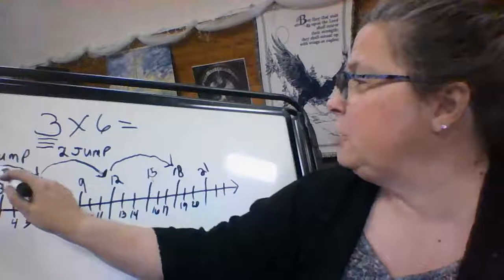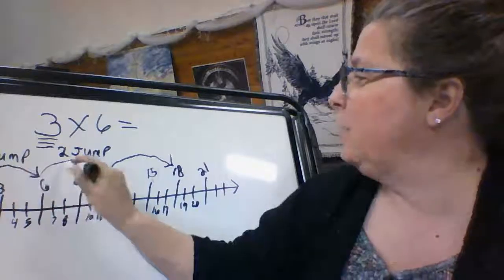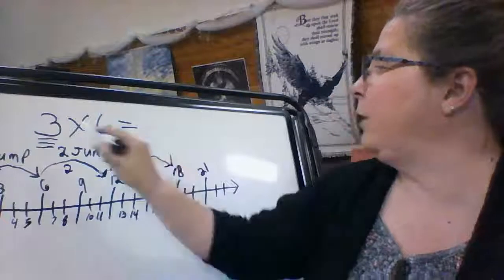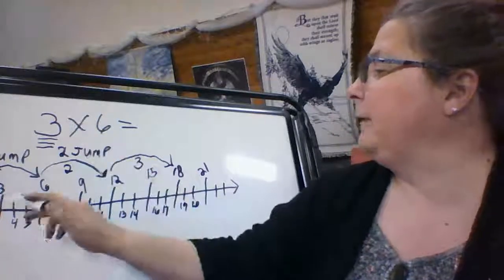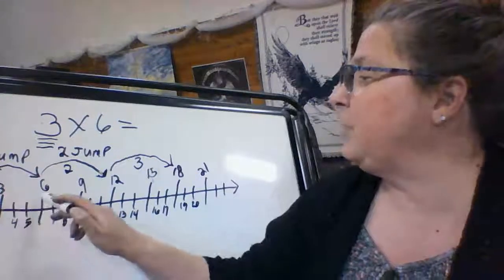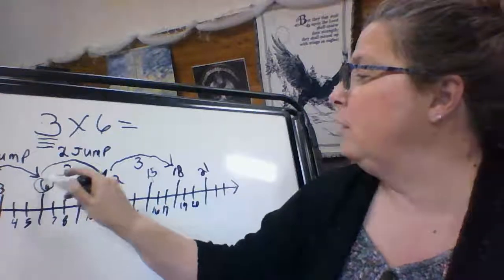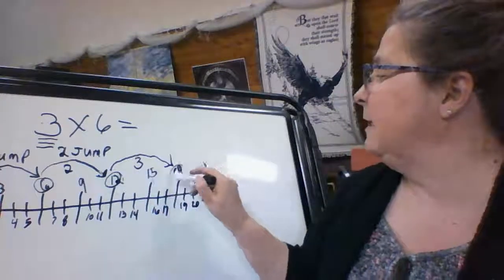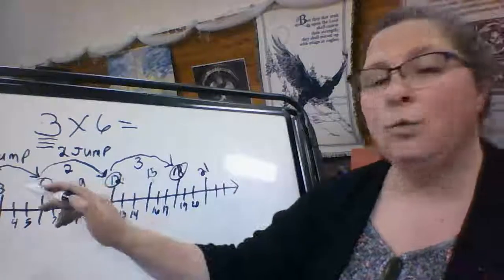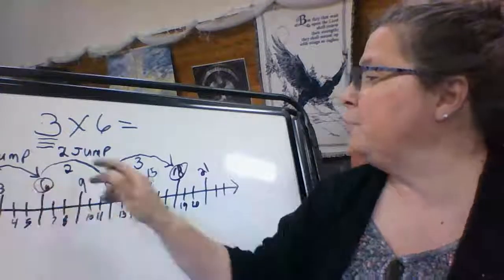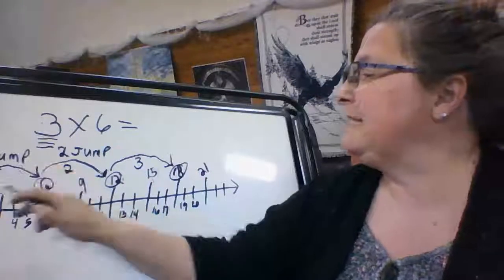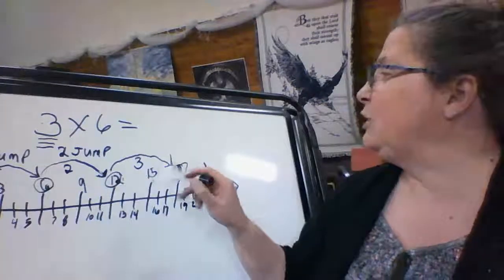We do. Jump 1, jump 2, and jump 3. Do we have 6 objects in them? We do. There's our 6, there's another 6, and there's our last 6. So we have 3 jumps or 3 groups of 6 objects in each one.